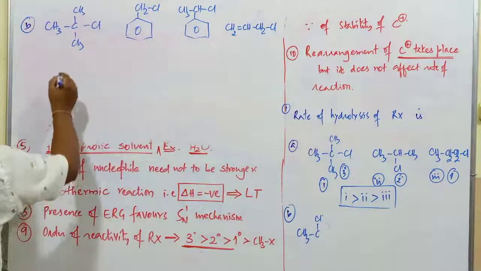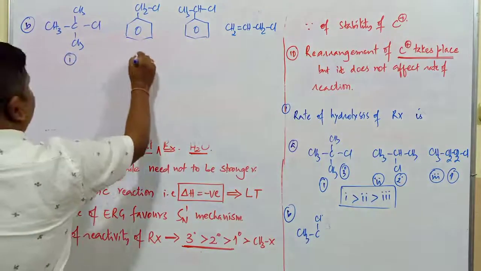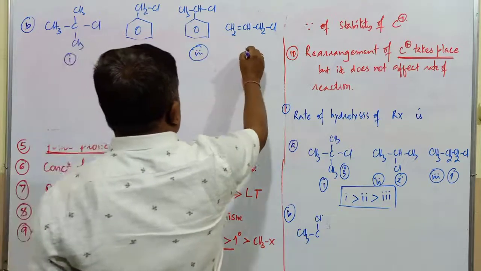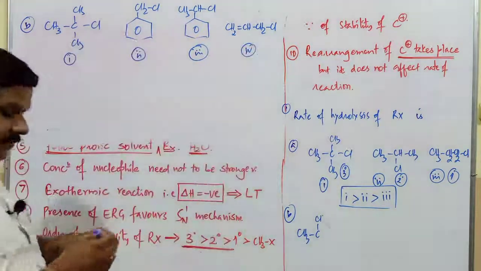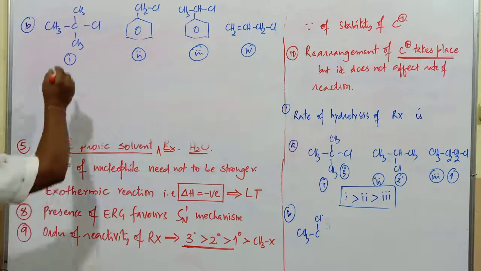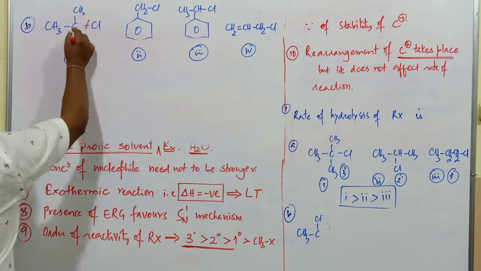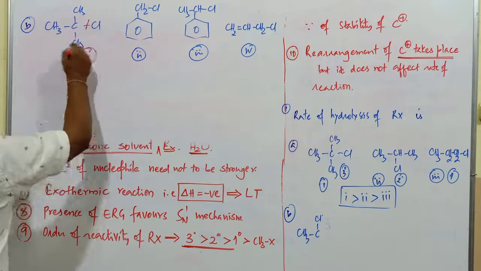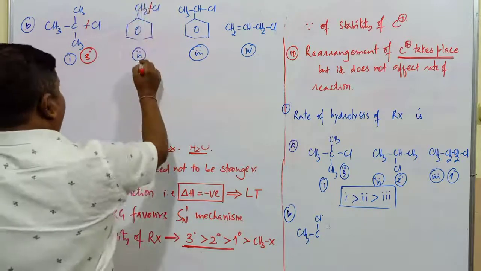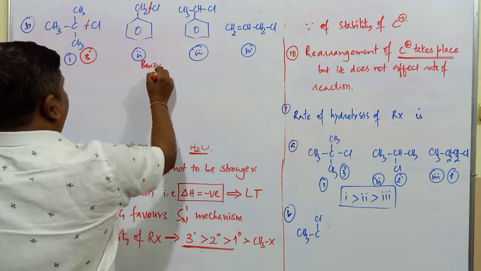What is the rate of hydrolysis with respect to these 4 compounds? Which molecule undergoes hydrolysis faster when compared to the other 3 types of molecules? Follow this. Here this bond is going to be cleaved and it forms a tertiary carbocation, very important. This bond is cleaved and it forms the benzyl carbocation.